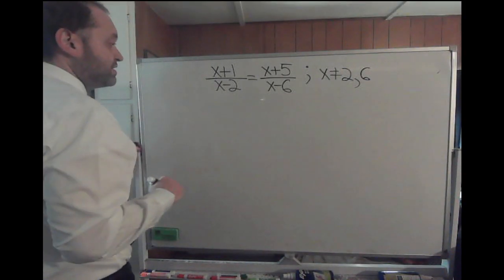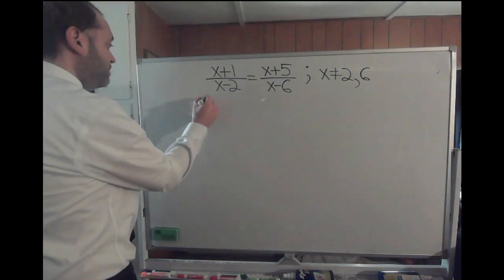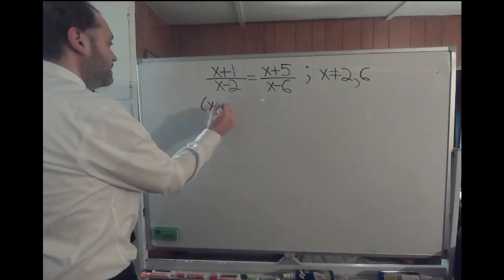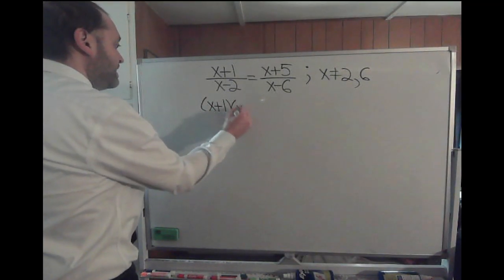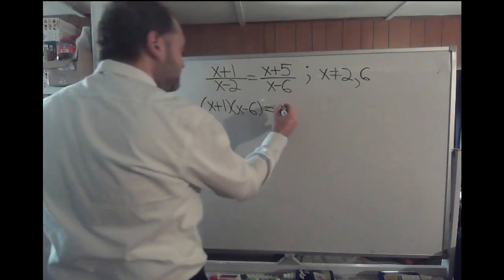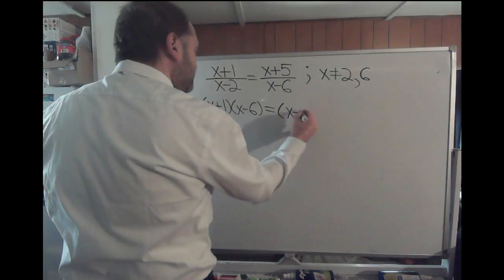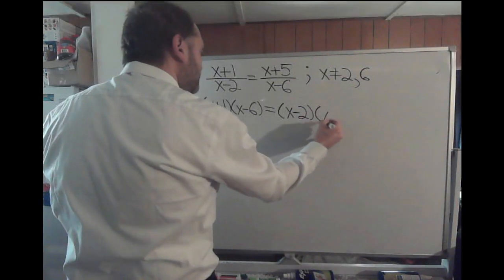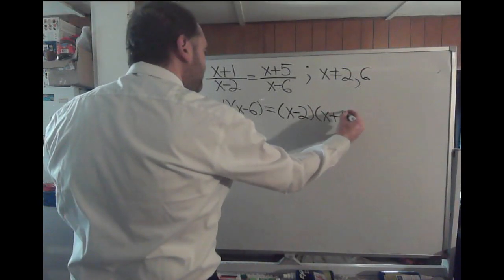Let's take the product of the means together, which would be the quantity of x plus 1 times the quantity of x minus 6. Set that equal to the product of your extremes, which would be the quantity of x minus 2 times the quantity of x plus 5.